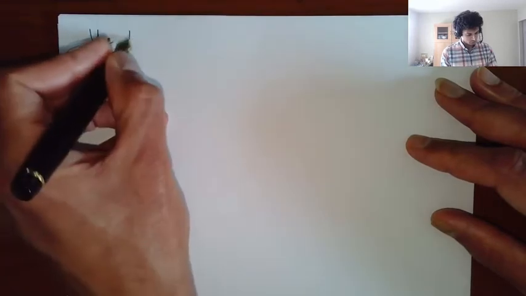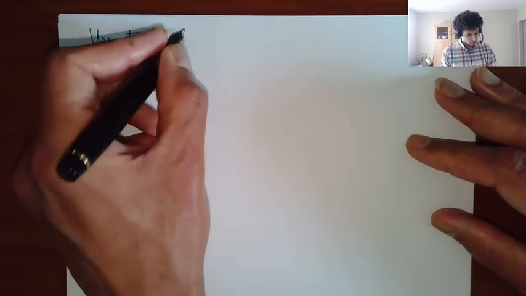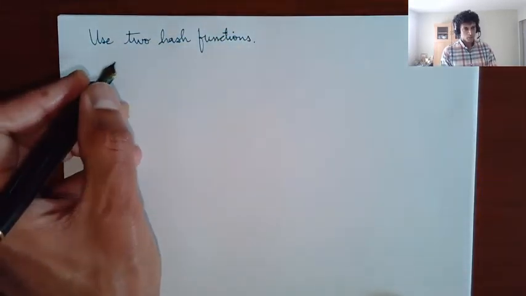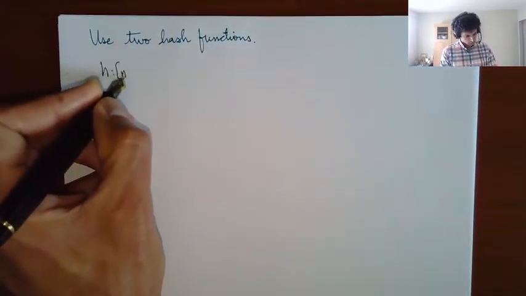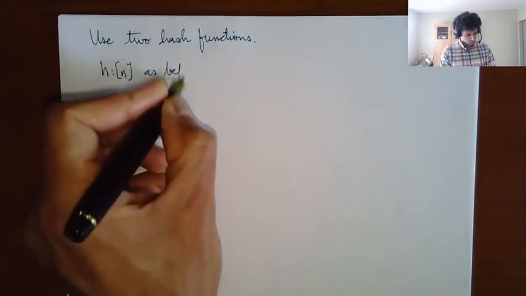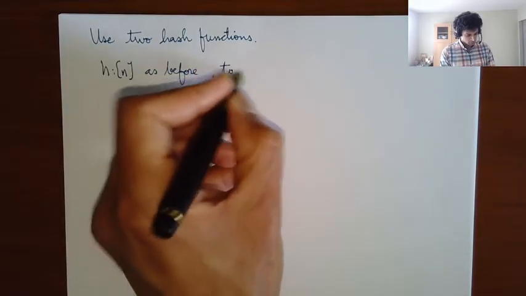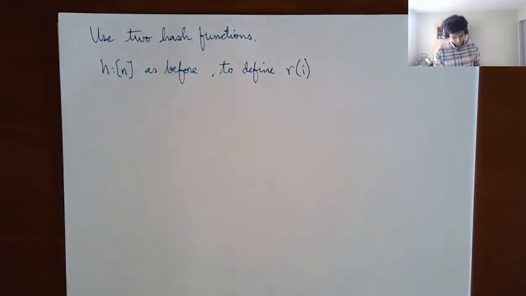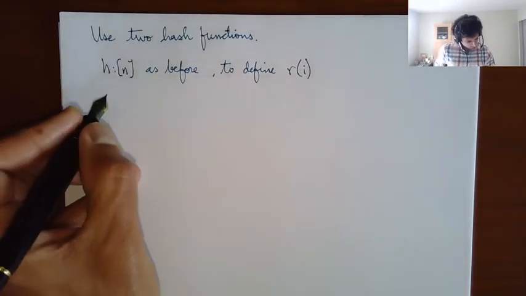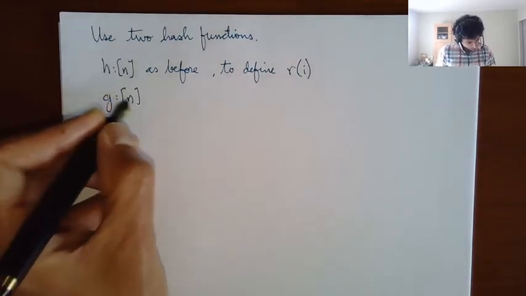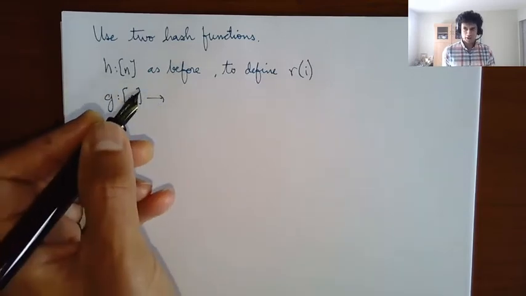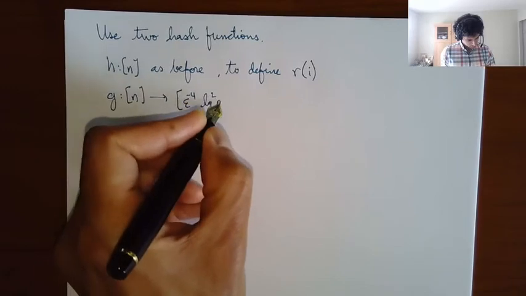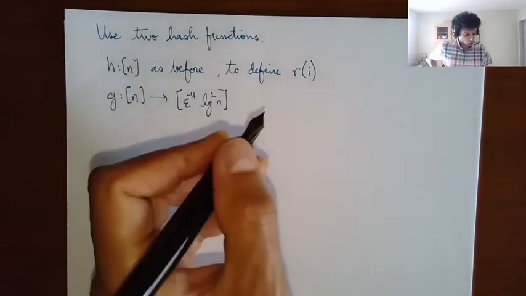We'll use h as before, and this is used to define the R of I. We're going to use another hash function which actually maps things to a fairly small space. So this is really a short hash.